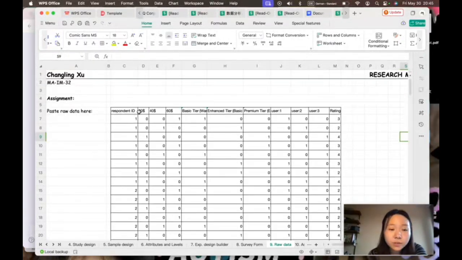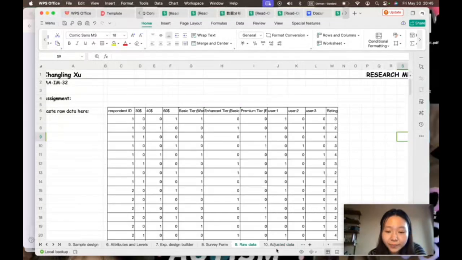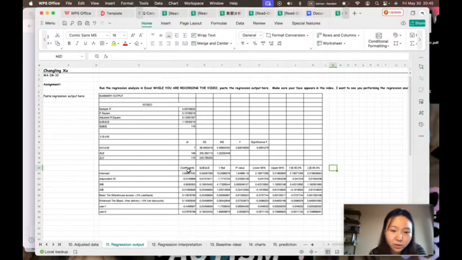Then the adjusted data. The adjusted data is a simplified version of the raw data, just to use more clearly for regression. The eleventh is the regression output.